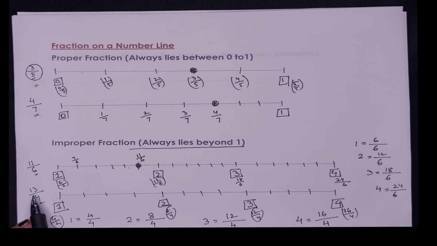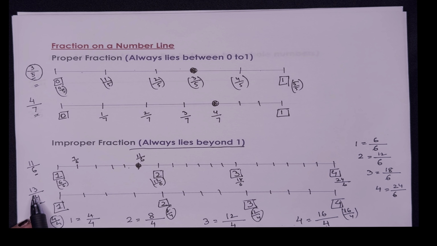So 3 plus 2 by 5 means it will lie between 3 and 4. That we confirm. But look at the fraction part, 2 by 5. If we make 4 lines, that will make 5 equal parts. So this is 3, this is 3 1 by 5, this one is 3 2 by 5. So this is our desired point.